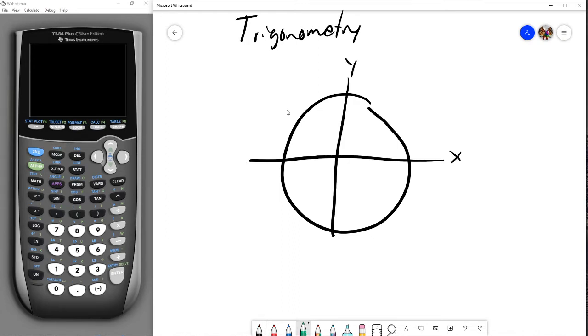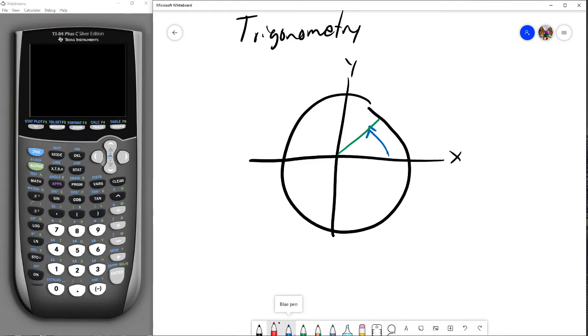We talked about how we want to think about angles as we start at the positive x-axis and we move in a counterclockwise direction, and then that gives us a terminal side here, right?